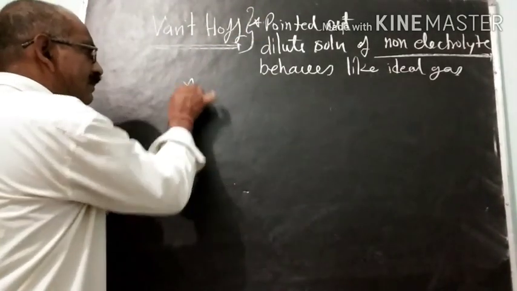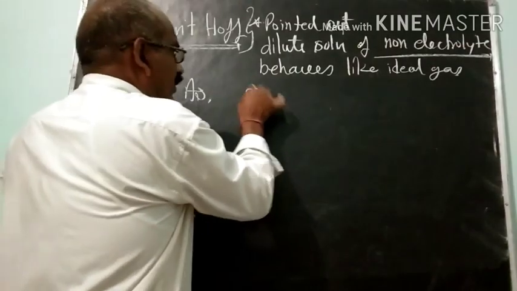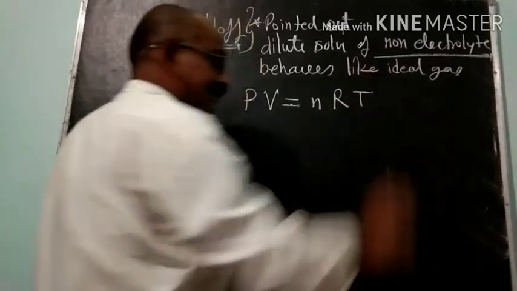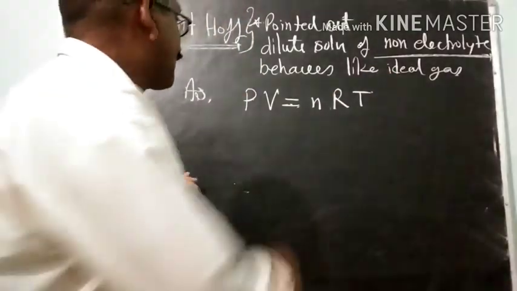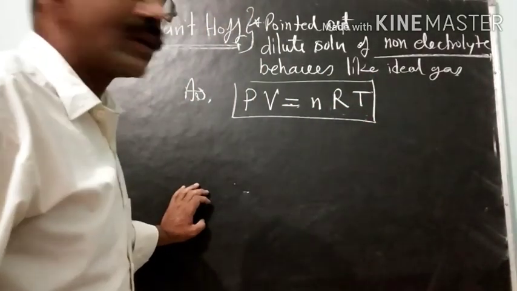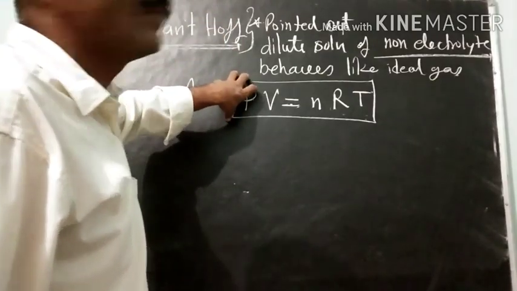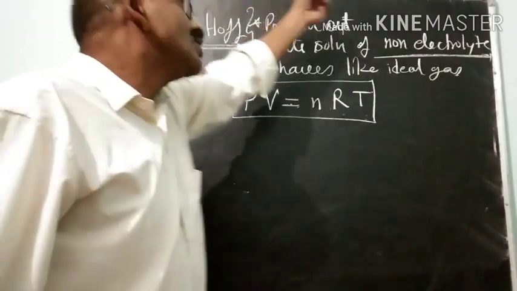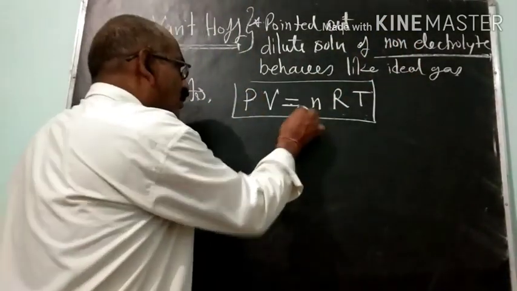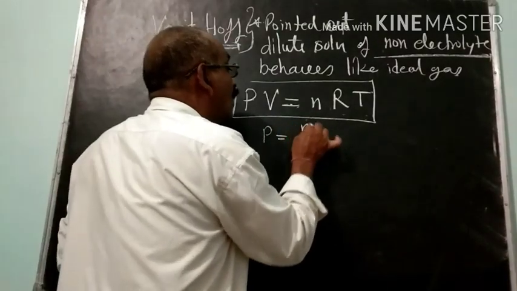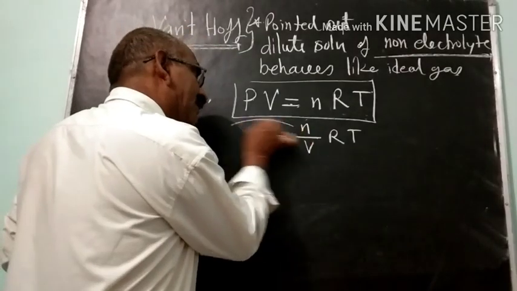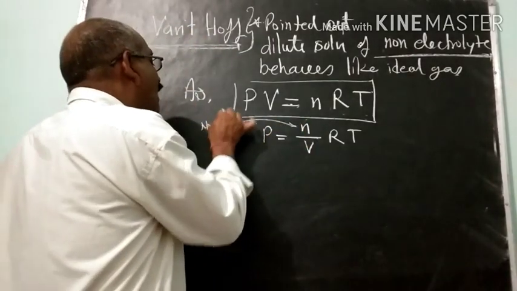And as you know, the combined gas equation is PV equals nRT. This is the combined gas equation for an ideal gas. That means this equation can also be applied over the dilute solution of non-electrolyte. So this equation can also be written as P equals n over V times RT. Here n is the number of moles.